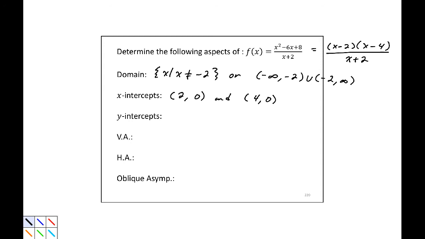Next, we can find our y-intercept by calculating f of 0. That would be 0 squared minus 6 times 0 plus 8, all divided by 0 plus 2. This would be 8 divided by 2, which simplifies to 4. So our y-intercept is the point (0, 4).